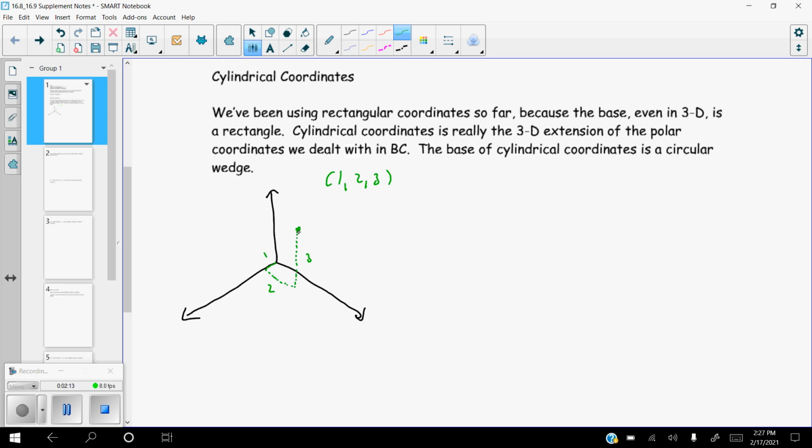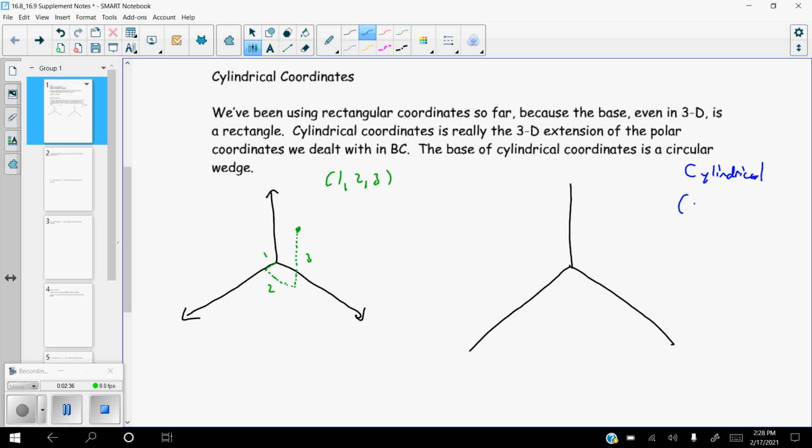In cylindrical, it's the same idea really as polar. So let's do a cylindrical coordinate. Like I said, it's an extension of polar.